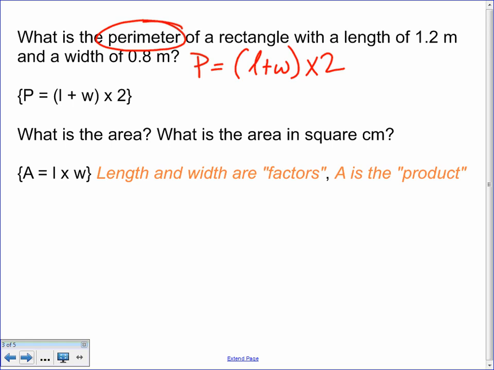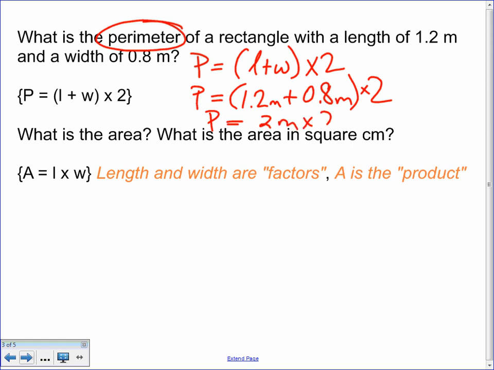So I've got 1.2 as my length and 0.8 as my width. Multiply it by 2. My perimeter, 1.2 plus 8/10 is 2 meters, times 2. So my perimeter is 4 meters.